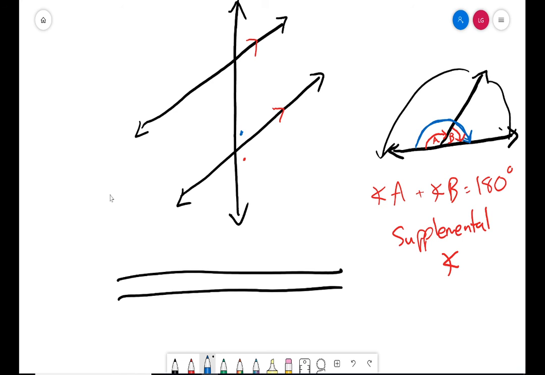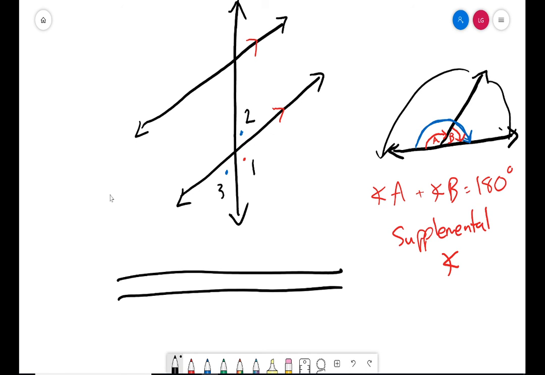It cuts across this line here, and that means these two are supplemental. It also means, you can probably see it here, and I'll do this intentionally in blue, these two angles, let me number them. This will be angle 1 and angle 2, the first two we talked about.